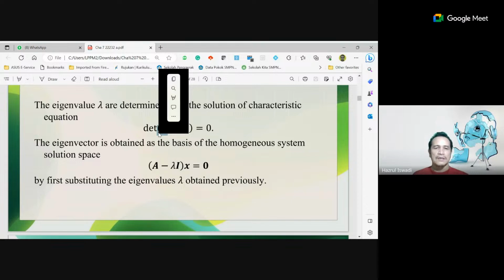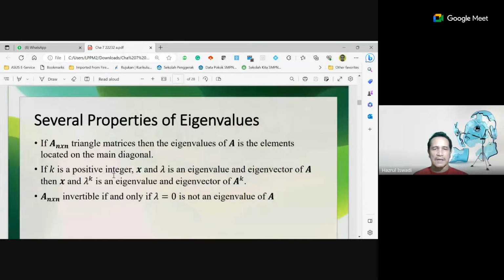Okay, before we show you how to find eigenvalues and eigenvectors, we also tell you several properties of eigenvalues. The first one is: if A is a triangular matrix, then the eigenvalues of A are the elements located on the main diagonal.